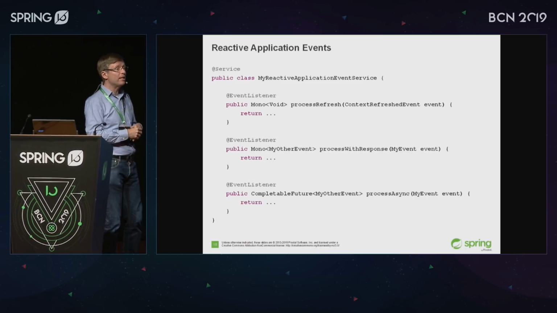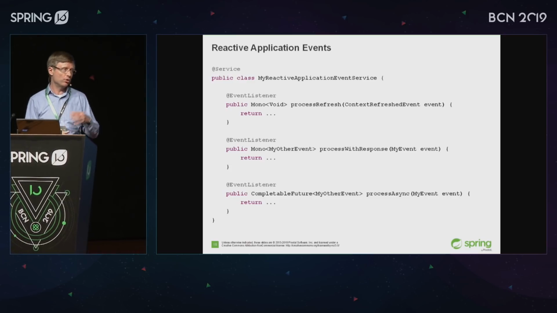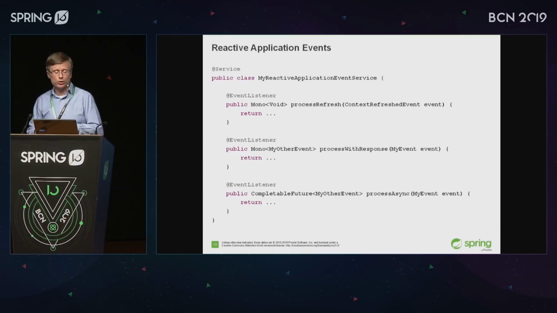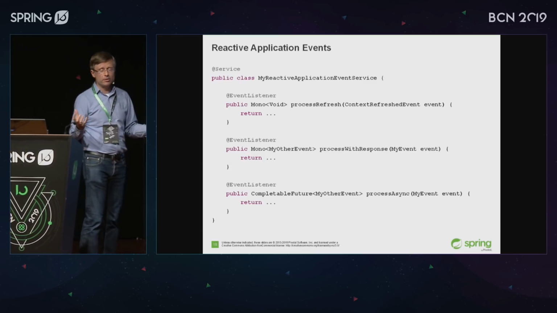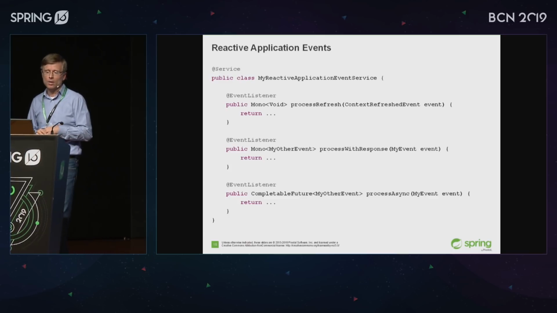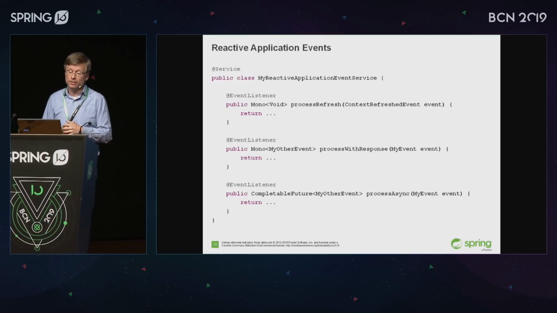You may also publish events yourself, of course, programmatically through injecting the application context or its application event publisher part and calling publish event on it. There's standard events with an event hierarchy. There's what we call payload events, where it's sufficient to just pass in the payload for triggering an event.